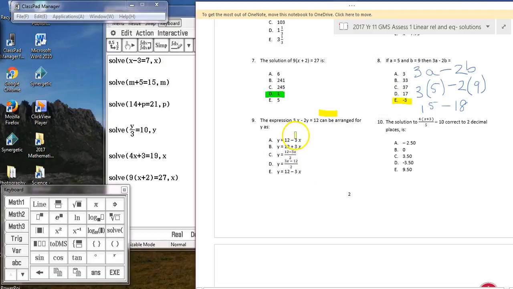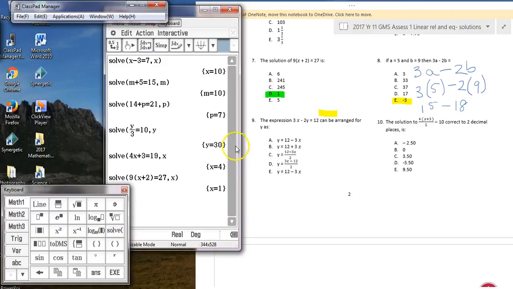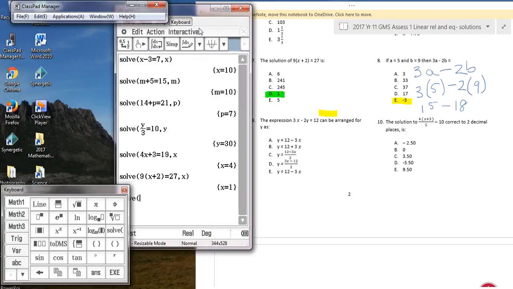Right, next one, we can rearrange on the calculator. So we're going to again go into the solve function. And we enter our problem 3x minus 2y equals 12.